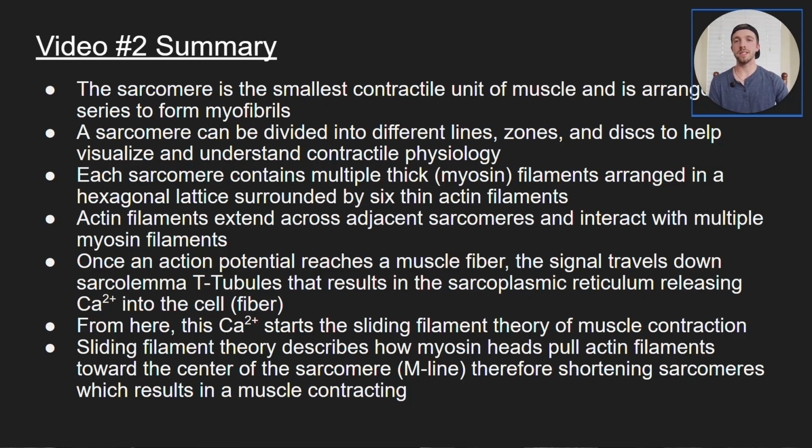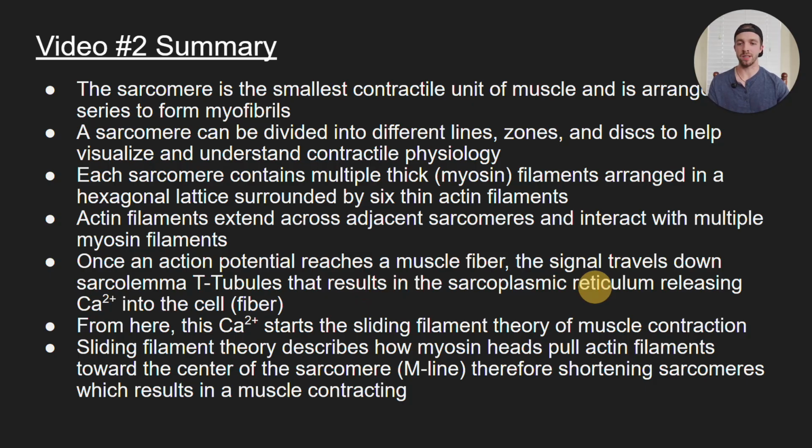Now remember, these actin filaments extend across and interact with multiple myosin filaments. Okay, so they share. Once an action potential reaches a muscle fiber from the nerve, which will be video 3, it travels down the sarcolemma into the T-tubules, and that results in our sarcoplasmic reticulum releasing calcium ions into the cell.